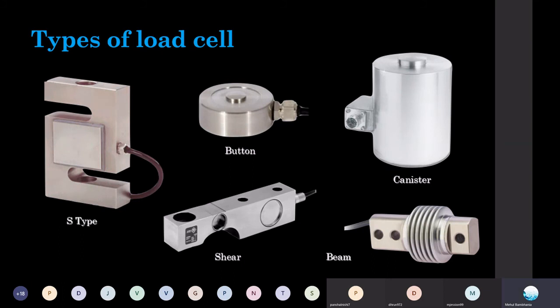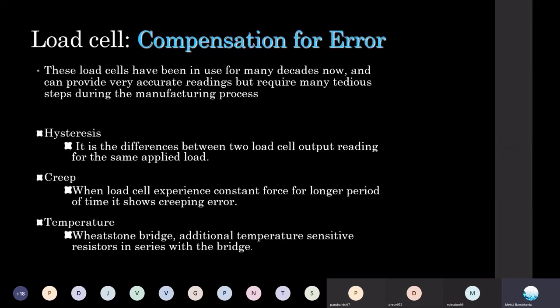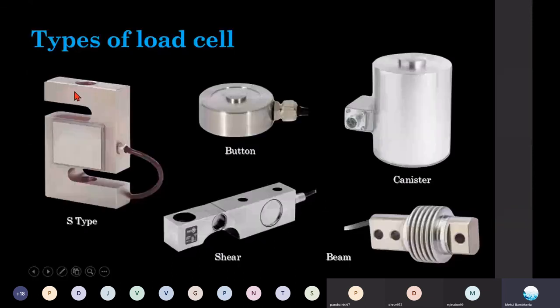But if that is not the case, what happens if you are continuously applying a constant load for a longer period of time? In that case this resistive panel continuously, either in the form of expansion or in the form of contraction, if it happens for a longer period of time, then this load cell indicates an error after a certain period of time, which is called a creeping error.